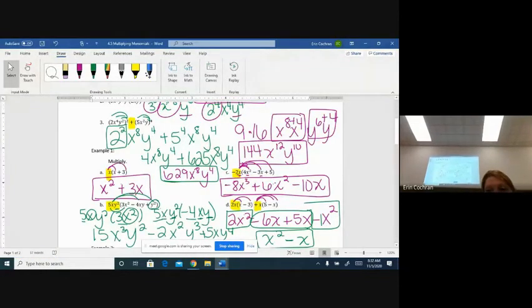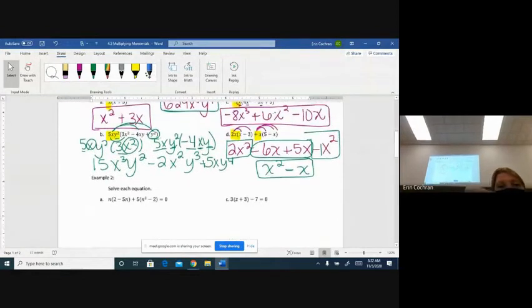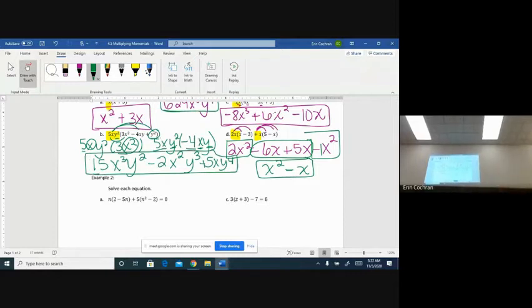But if I look at this here, do we have any like terms? Do we have any that have x cubed y squared up there? No. Do we have any x squared y cubed? No. Do we have any x y to the 4th? Nope. So this is simplest form there, and you can't go any farther.